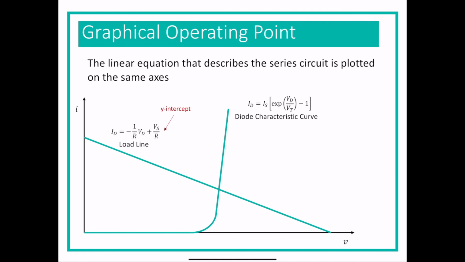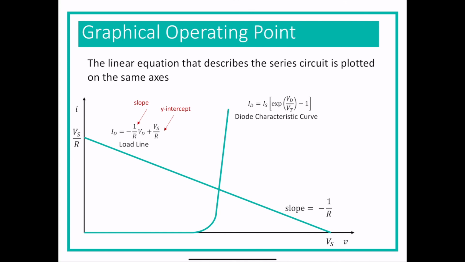The y-intercept of that line is Vs over R, so that's going to be the intersection point on the vertical axis, and the slope is going to be minus 1 over R. The intersection point on the horizontal axis is going to be Vs, because that's the maximum voltage that you can get in a circuit that has a source voltage of Vs. So that gives you the line that helps determine where that intersection point is.